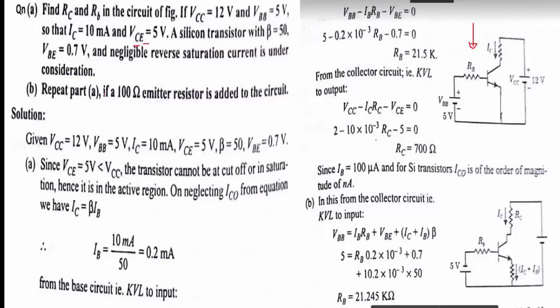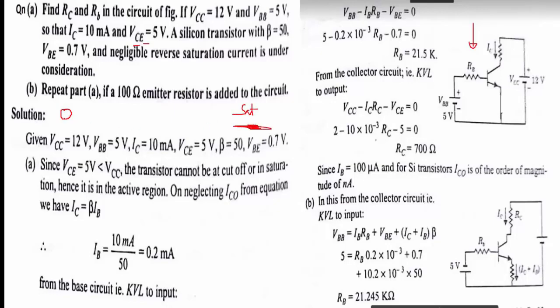So part A, tukianza na part A, we know that since VCE is 5 volts, less than VCC, you remember nilisema kuna state tatu za transistor: cutoff, saturation na active region. Active region is when the values or parameters of transistor are between 0 and saturation values. Kawaida huku tunaangalia upande wa transistor inatoa nini kama output.